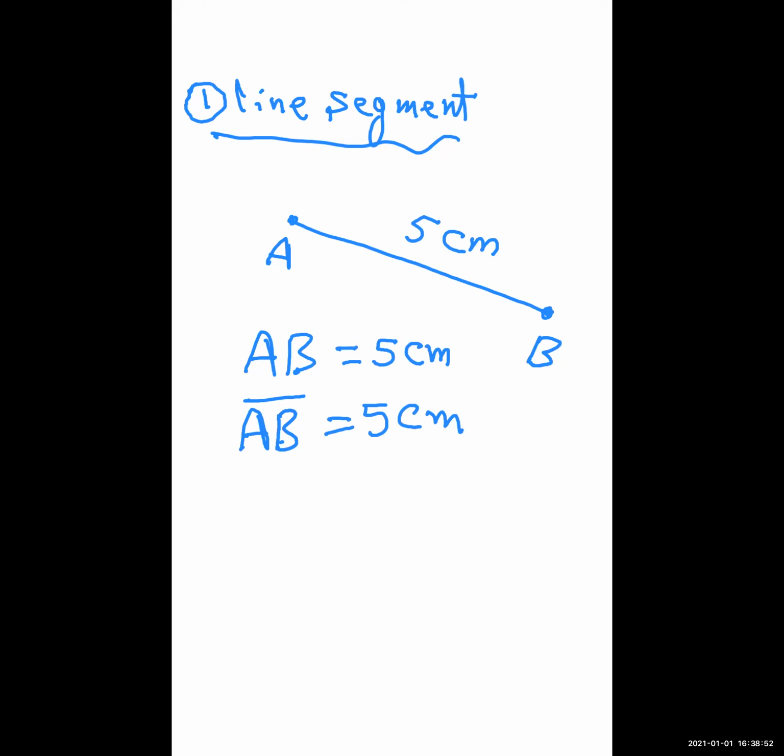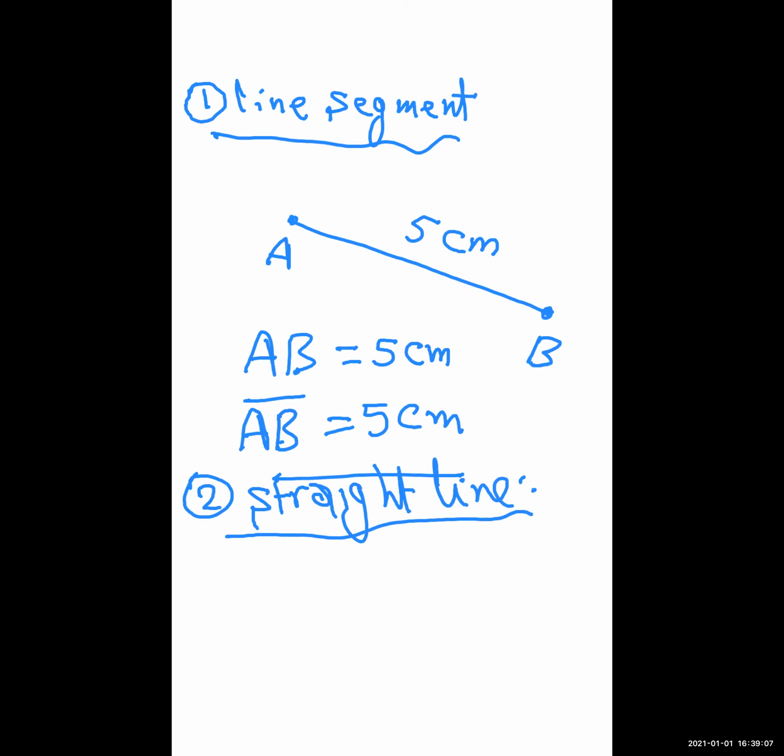Then the next point is about the straight line. Actually, a straight line, guys, is the same as a line segment, but it's extended from both sides or directions, infinitely, like this.